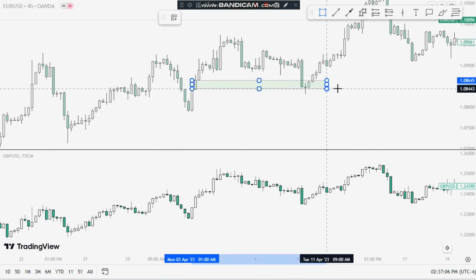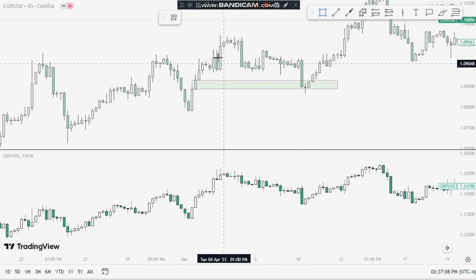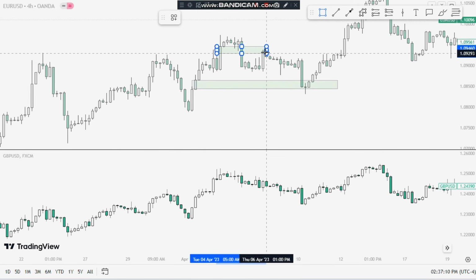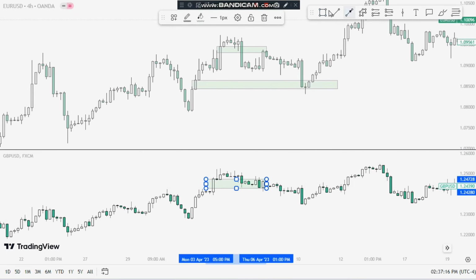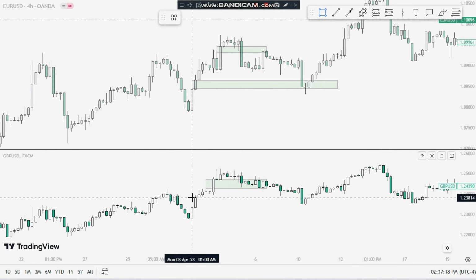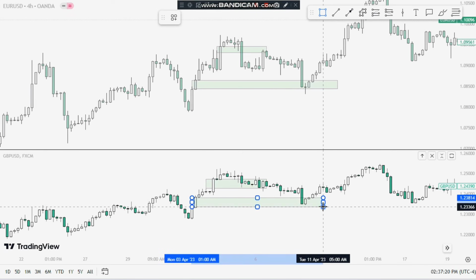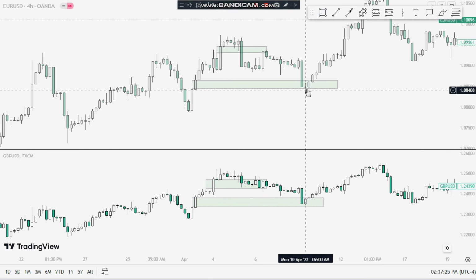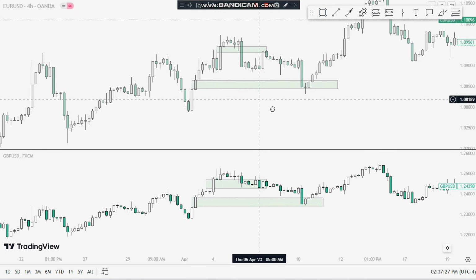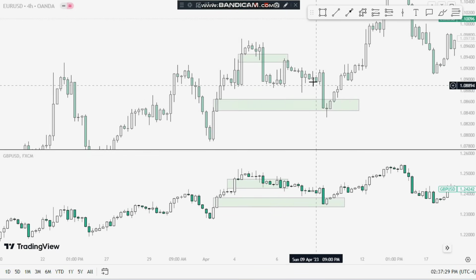See, euro filled this gap also. This gap was filled. Now if you look at the GBP filled this gap. Okay, now the second fair value gap, this was the fair value gap, GBP also filled it. So both of them are not valid fair value gaps because both euro and GBP filled it.